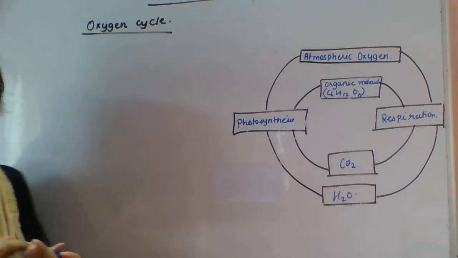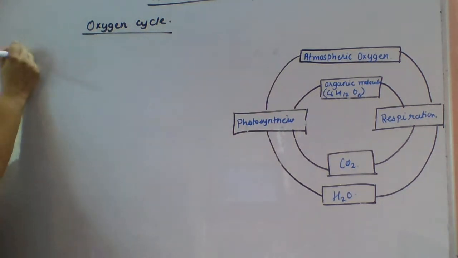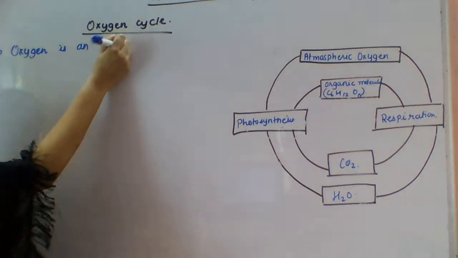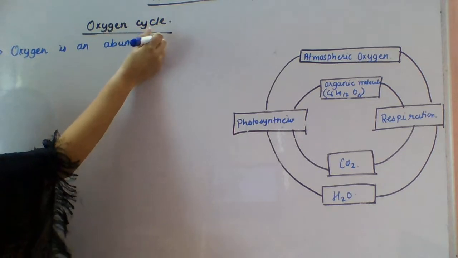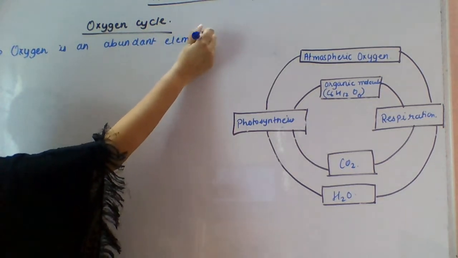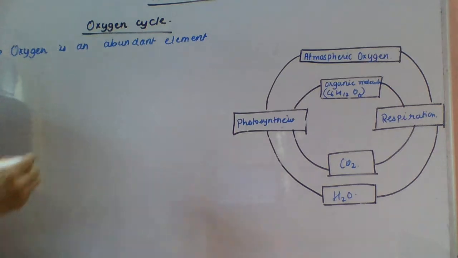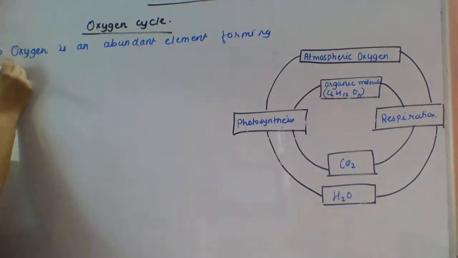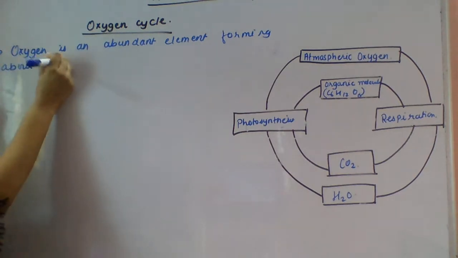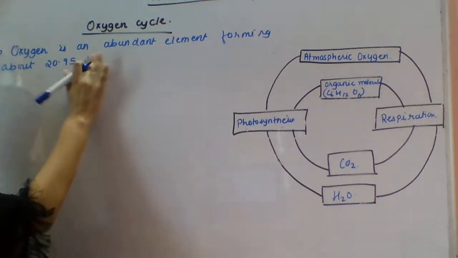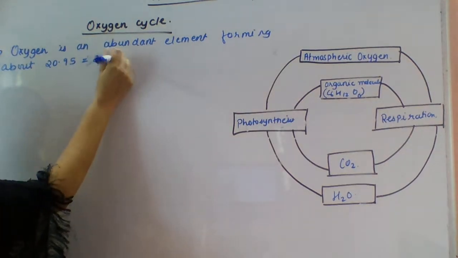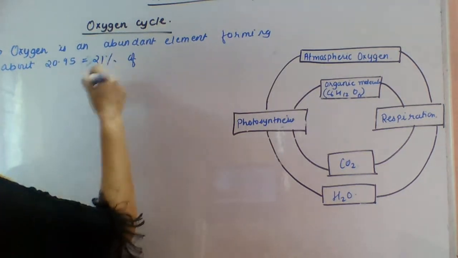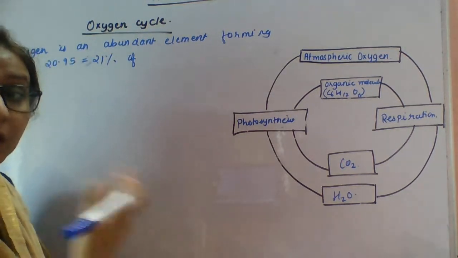So you can write it as: oxygen is an abundant element which is forming about 20.95%, or you can write it as 21%. 21% of oxygen is present among all atmospheric gases.